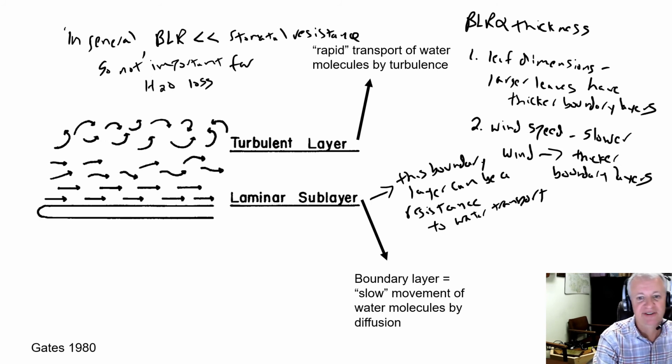So usually boundary layer resistance is not an important factor for controlling water loss. Now with really large leaves, under really low wind speeds, that may be a situation where the boundary layer resistance actually becomes the major resistance to water loss. But that's sort of a special case. Where the boundary layer resistance becomes more important is for energy balance. So when we talk about energy balance later, boundary layer resistance will come into play again.